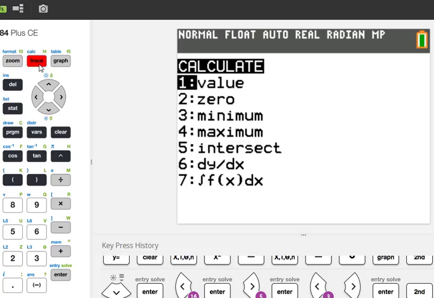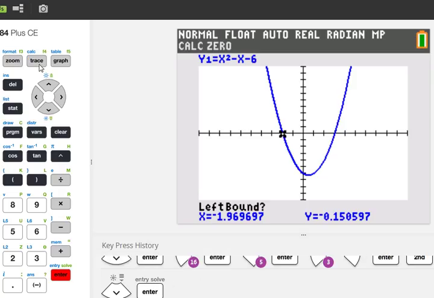So we're going to now calculate the other 0. So again, we want left bound. First, I have to use the right key to get over there to my next 0. Okay. But once I do that, way too far.